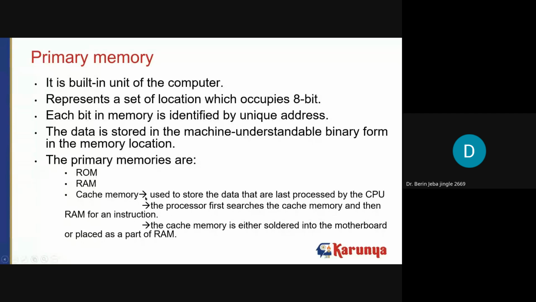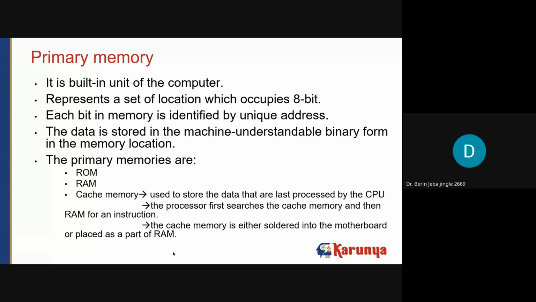Now, what is cache memory? It is used to store the data that are most recently processed by the CPU. The processor won't directly go to the main memory to search for data. First, the processor will search the data in the cache memory, and only then will it go to RAM.